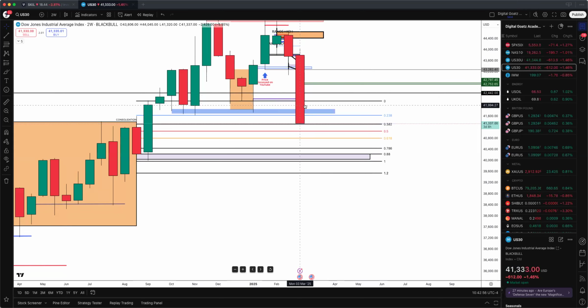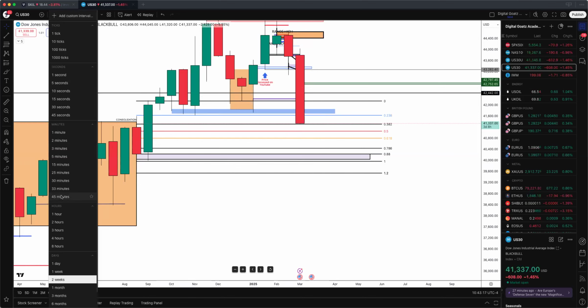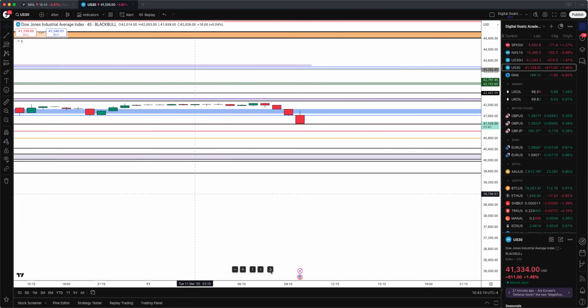It's hard to call, but I still think we're in this support structure territory, unless we get a shallow pullback to this support structure right here or close to it, and then push to the downside. But man, we basically called this, but we ain't stay in this. That's the only thing that sucks.